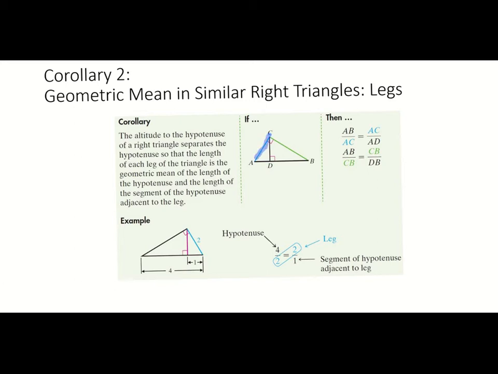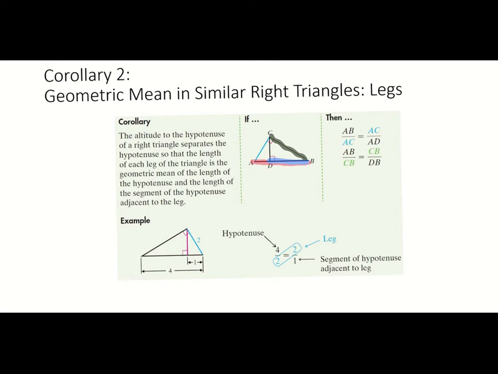It is the geometric mean of the entire length of the hypotenuse plus the part that it is connected to, so AD. Okay. If we look at the other leg, CB is the geometric mean to the entire length, so AB, and then also to the segment that it's connected to, so DB.